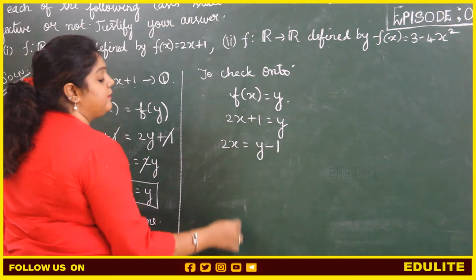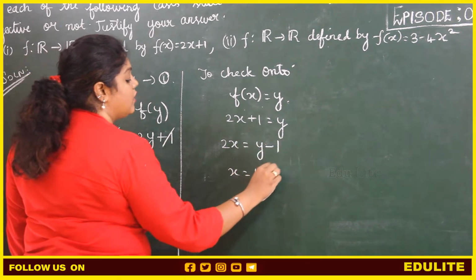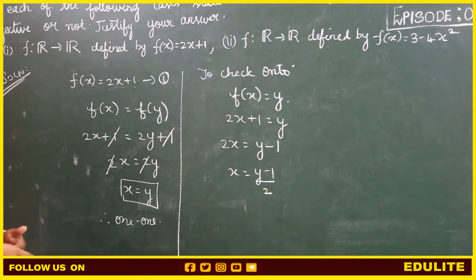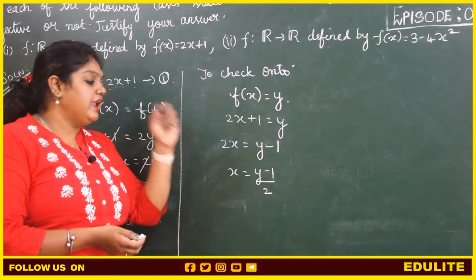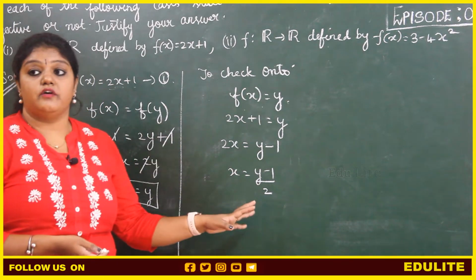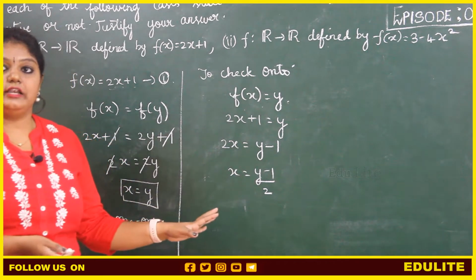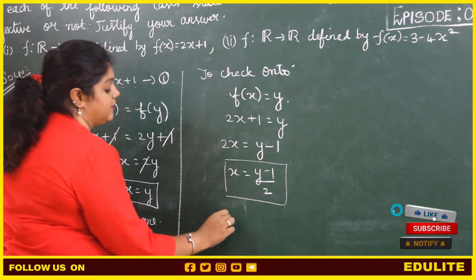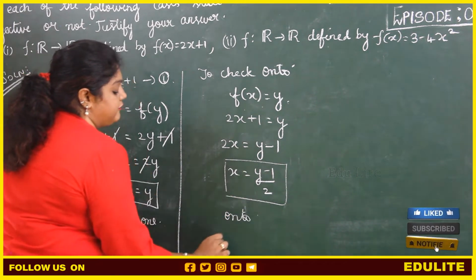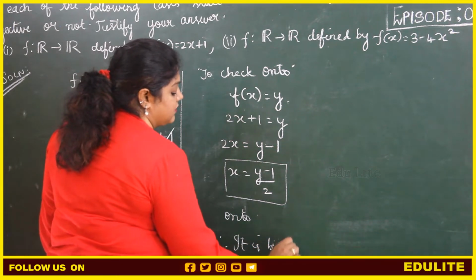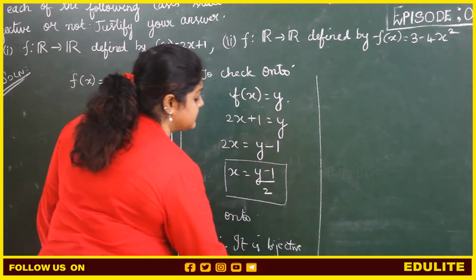If it goes to the other side, it will become minus 1. X equals y minus 1 by 2. This is an onto function. How do I say it is an onto function? If I take any value of y, definitely I will get the value of x. Therefore, this is called an onto function. Therefore, it is bijective. The first option we have shown is bijective.